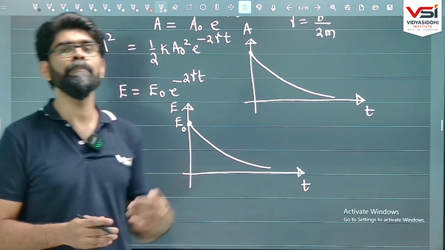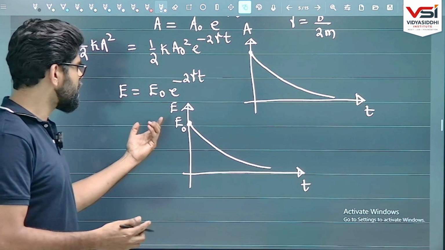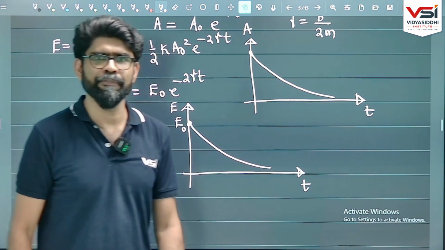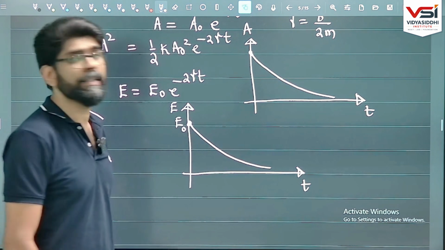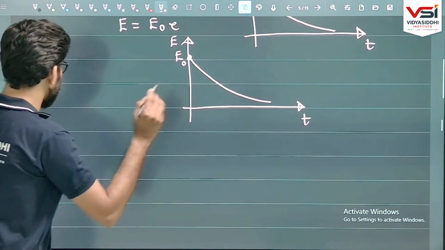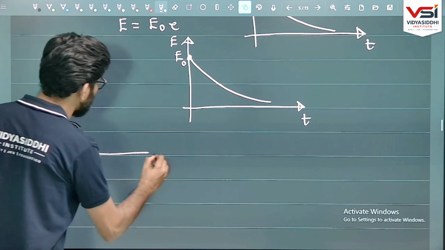So in the simple pendulum experiment, to determine this nature of variation, we plot a graph of a square versus time, because energy is proportional to a square.